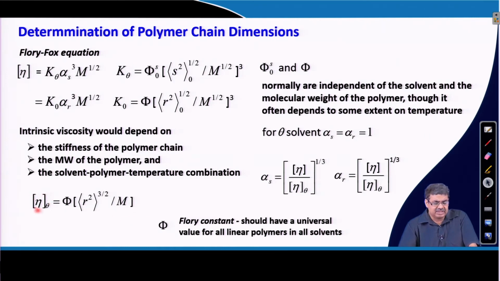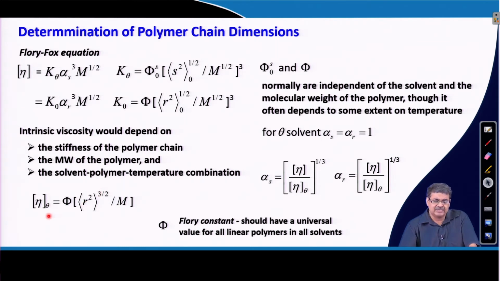So, we can find out the intrinsic viscosity in theta solvent, and if we know the molecular weight for that particular sample, then we can get the value of the chain dimension, the average end to end distance or average radius of gyration, even for chains which are not long enough to be determined by the light scattering technique.